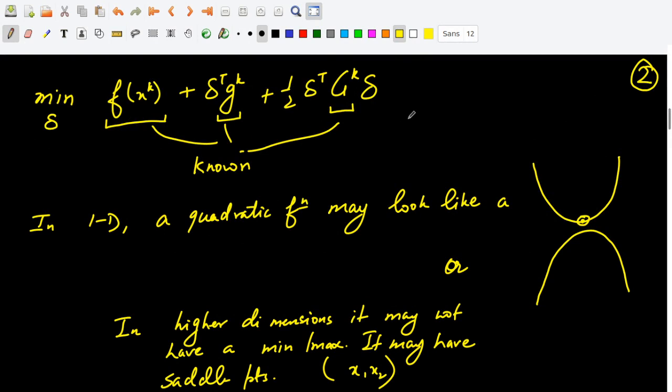Okay, so let me just write it here. Nice delta when G is positive definite. Delta star.